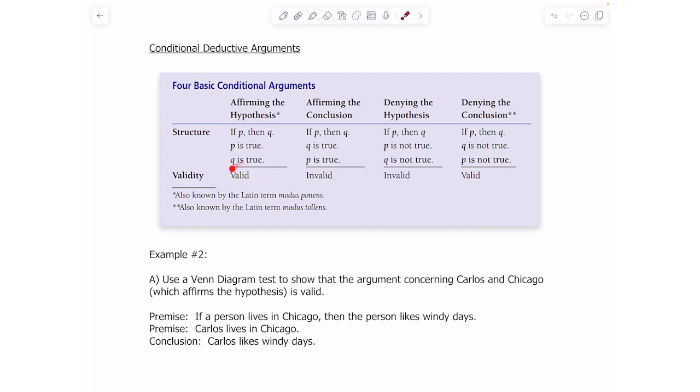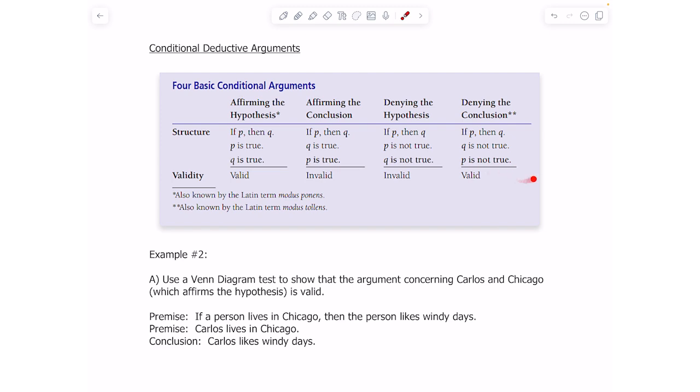So then you have a valid argument. Okay, the other valid argument is called denying the conclusion. If P, then Q. So if Q is not true, P is not true. Okay, and the reason is because in order for Q to happen, P has to happen first, right? Like if you do this, then this will happen. And Q is not true, so therefore P is not true.